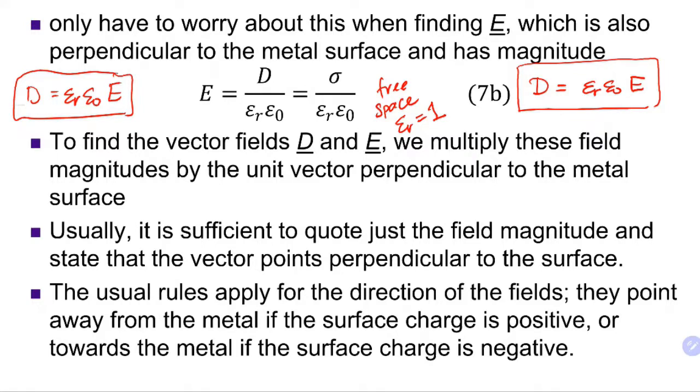The direction of the field depends on the charge. If it's positive, it will be pointing away from the surface, and if it's negative, it will be pointing towards the surface, because we know that positive charge is a source and negative charge is a sink.